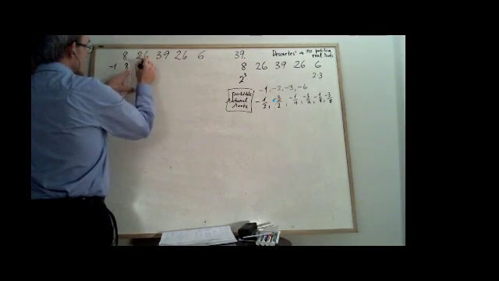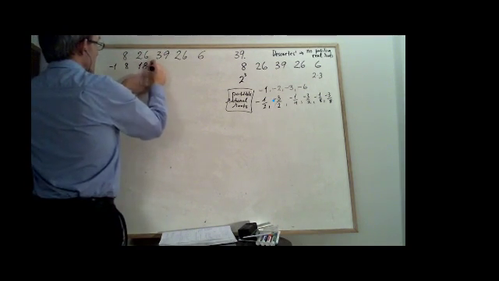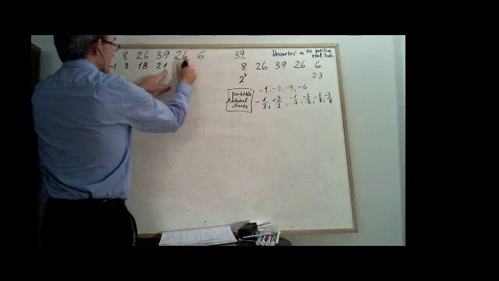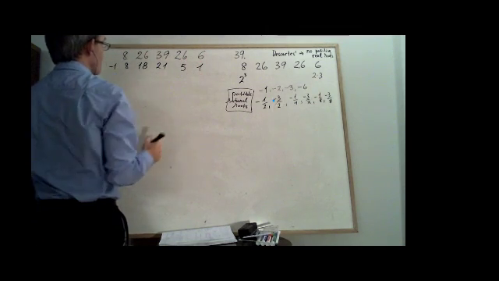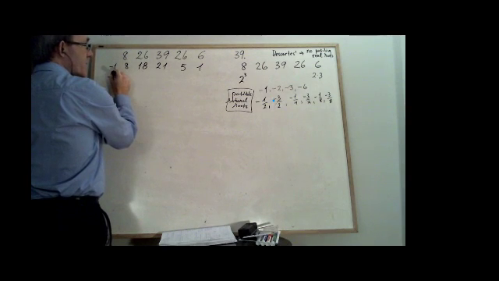-1 times 8 is -8, plus 26 is 18. -18, subtract from this, 21. Subtract from this, I get 5. Subtract from this, I get 1. Okay, now let's make it a bigger negative, -2.